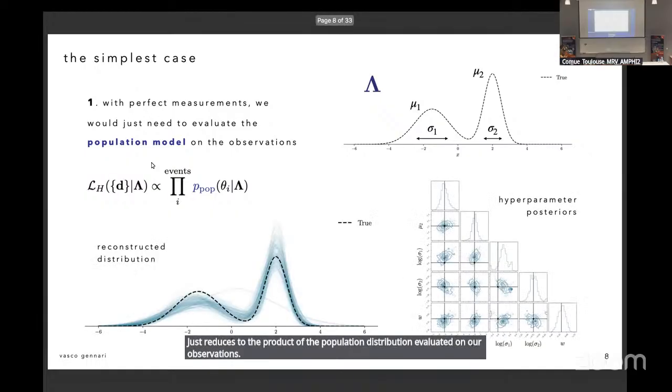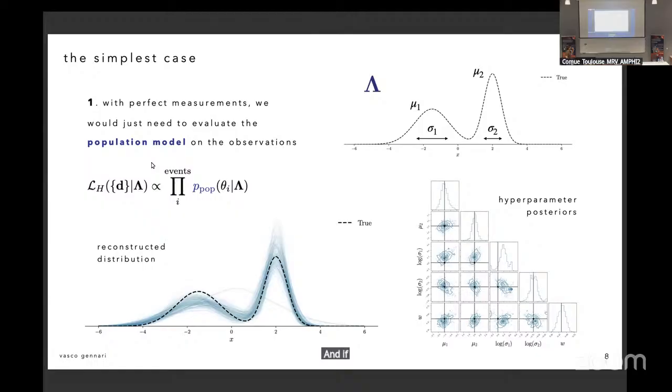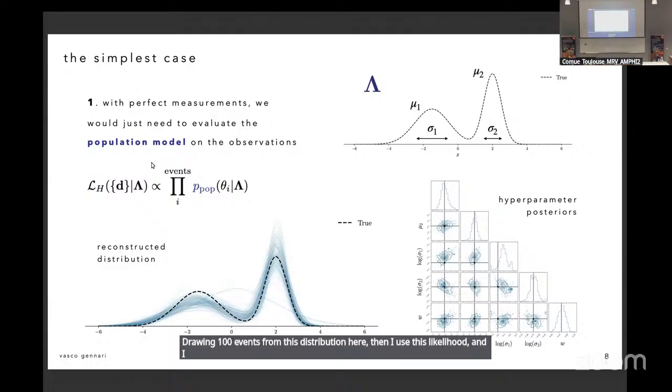And if, for example, I generate a population drawing 100 events from this distribution here, then I use this likelihood and I get on the bottom right the corner plot corresponding to the samples for the posterior distribution of these parameters. These are exactly the parameters I described before. These are the mean of the two Gaussians, the standard deviation, and the relative weight here.